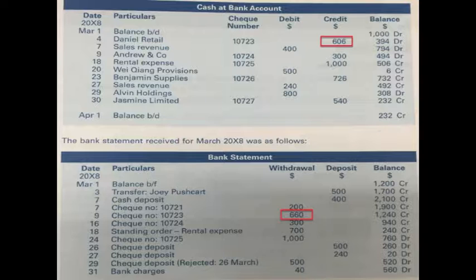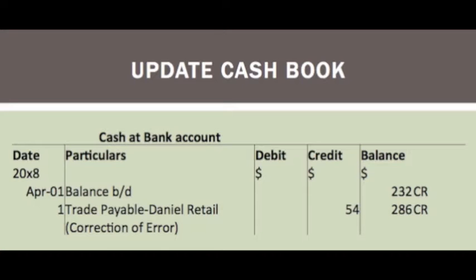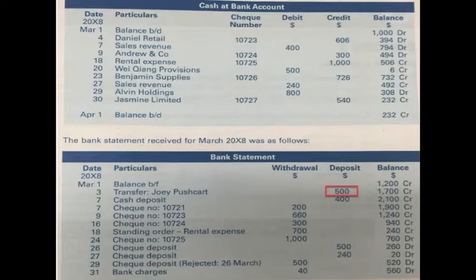So we have to update our cash book with the extra $54 of withdrawal. In order to capture more withdrawal, to update our cash book, we will credit cash at bank $54, giving us a balance of 286 credit.